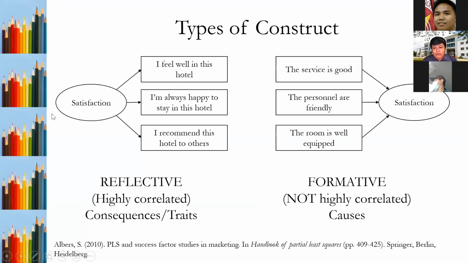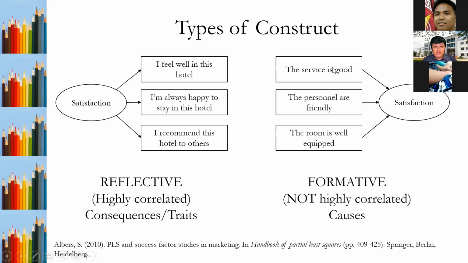It means if it is a reflective construct, these reflective indicators can still measure satisfaction. It means you can still measure the level of satisfaction even though you will be deleting one of the items here. On the other hand, if it is formative, if you will be deleting one, you cannot guarantee that you will be able to still measure satisfaction.